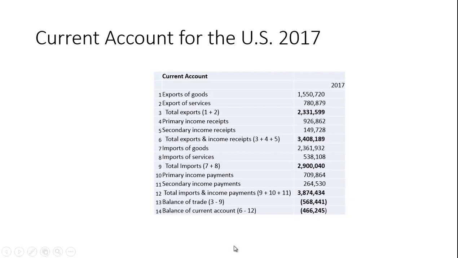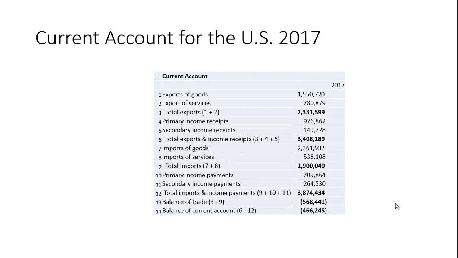And the balance of the current account is going to be total exports and income receipts, 6, minus total imports and income payments, and we're running a current account deficit of 466,245,000,000.